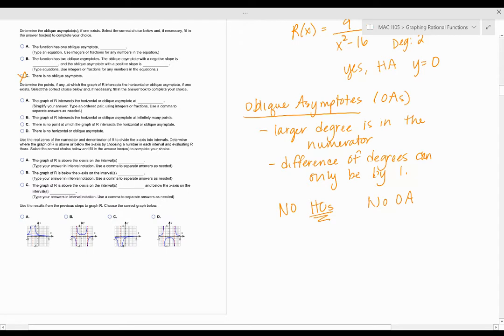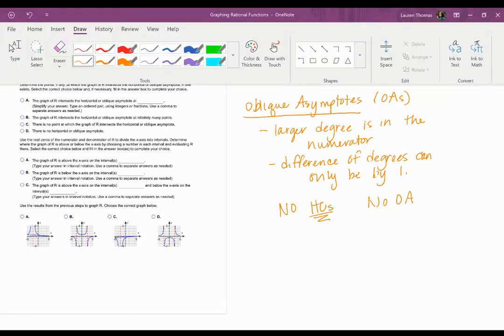All right, let's go to the next one. It says determine the points, if any, at which the graph of R intersects the horizontal or oblique asymptote. If one exists, select the correct answer choice below. If necessary, fill in the answer box to complete your choice. All right, let's change colors.